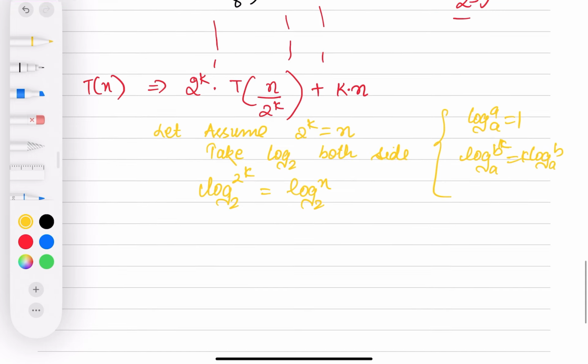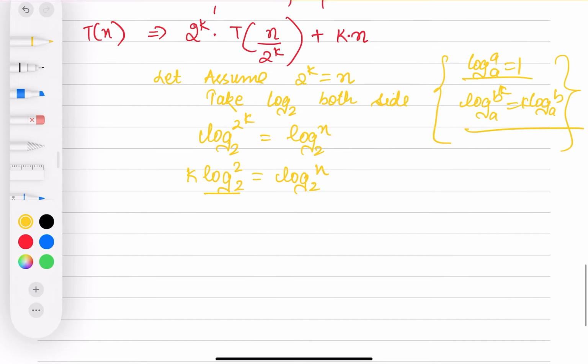I think you remember this property. This is a log property. So this becomes k times log 2 equals log n. Here log 2 is 1, so k equals log n.